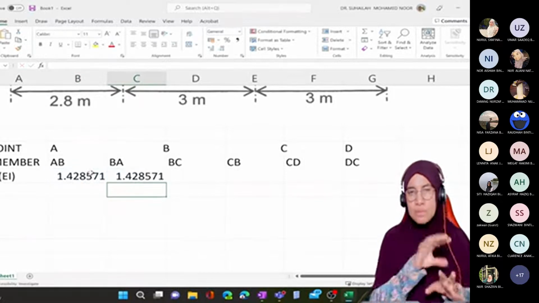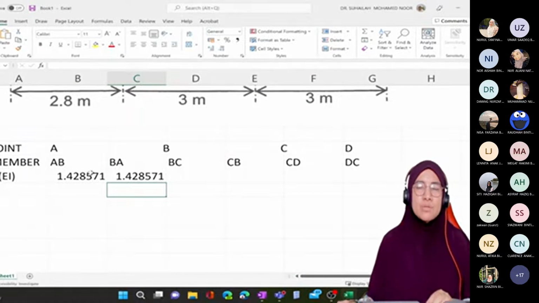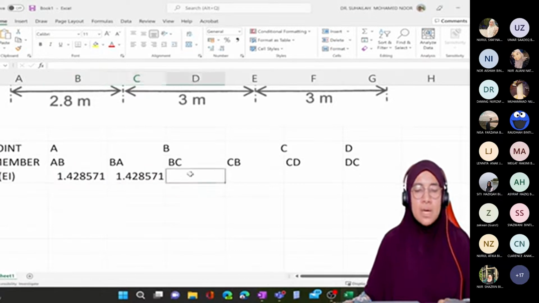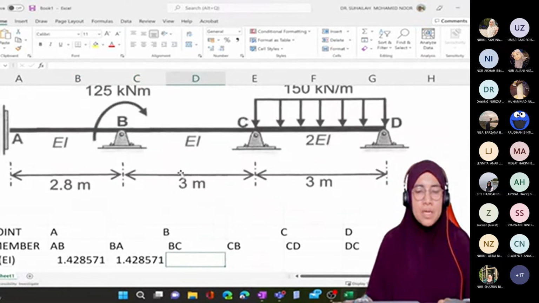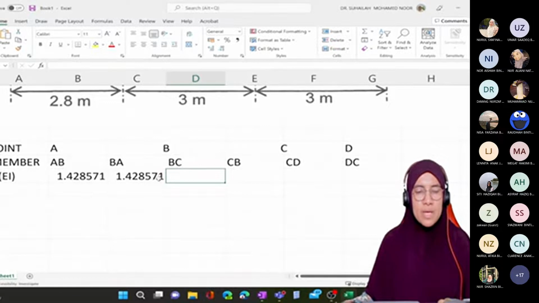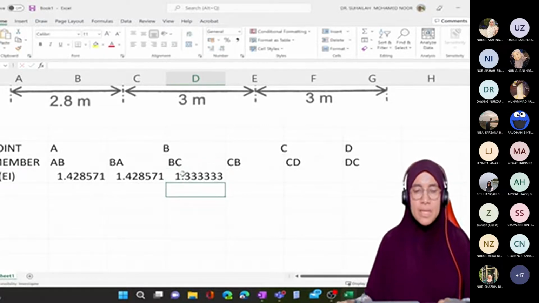We have AB and BA because they are the same member, the same element. Then this one is 3 meter, so 4EI over L is 4 divided by 3.